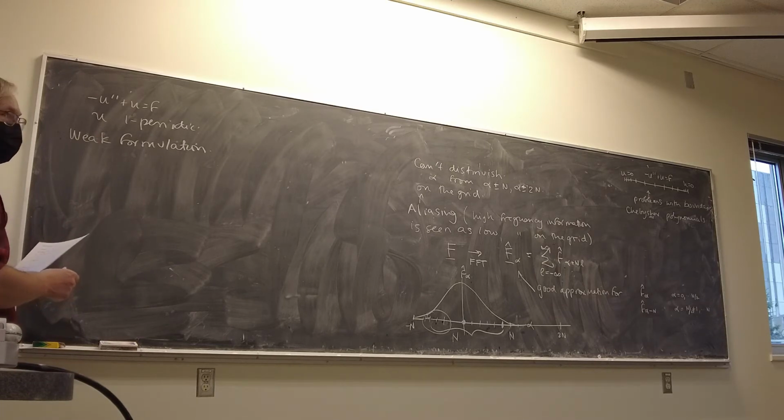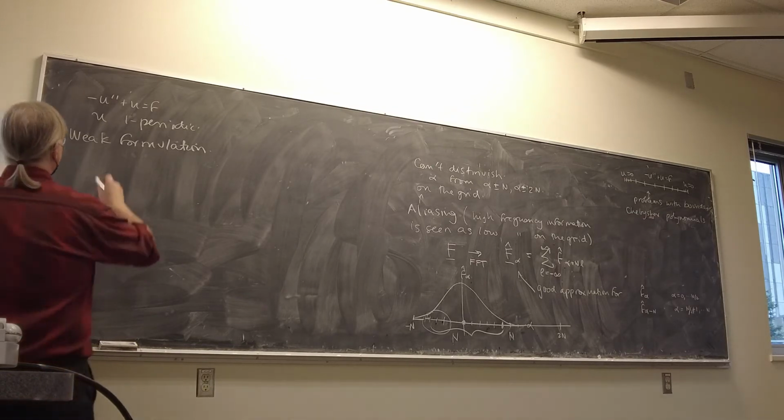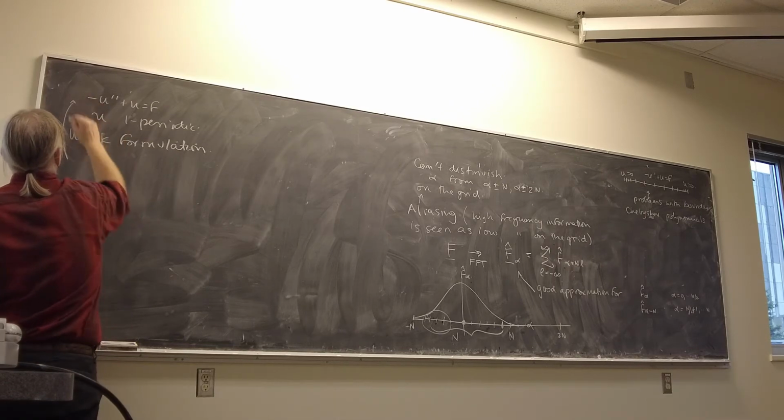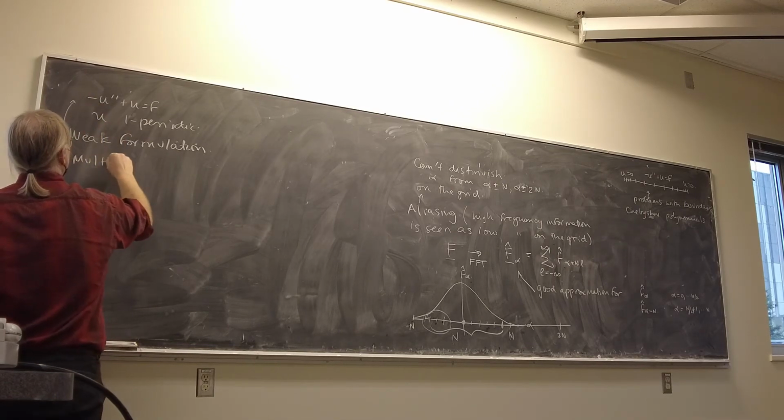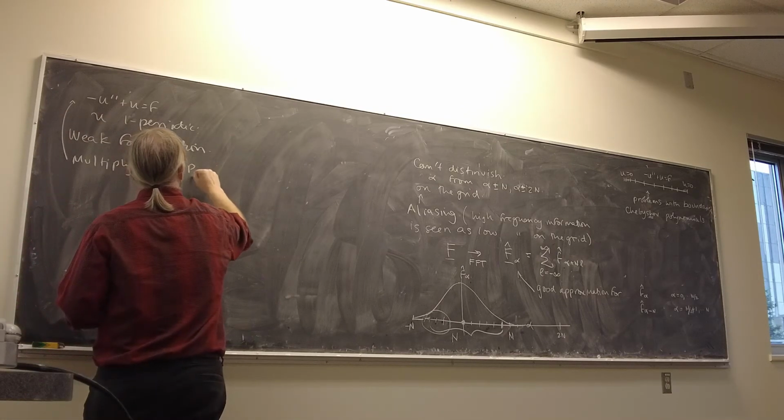Okay, so I'm going to do a formulation here where it's designed to capture weak solutions right away. This is the whole purpose of it. So I'm going to take this, and I'm going to multiply by a CP1 function.